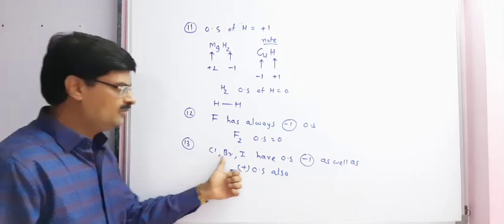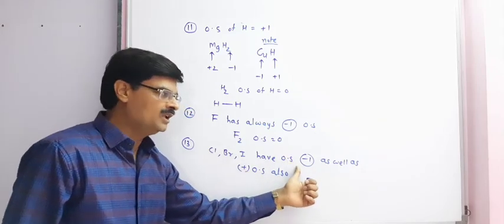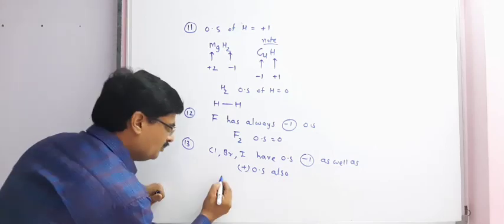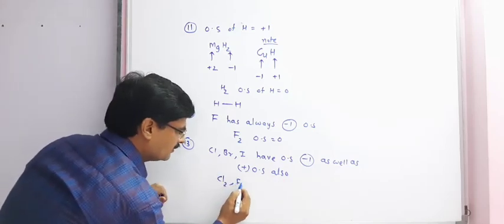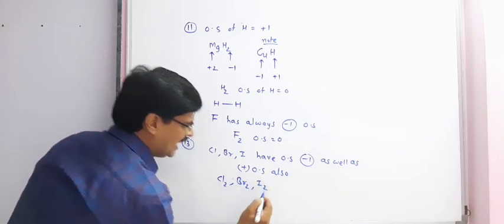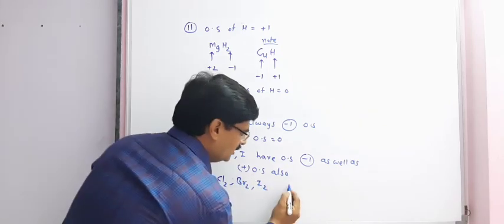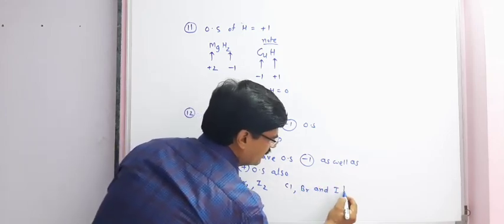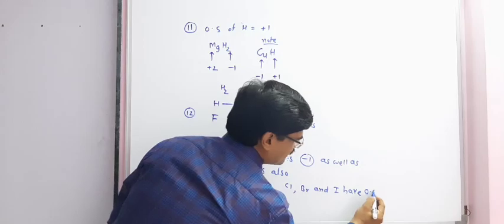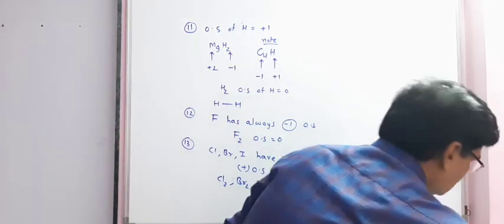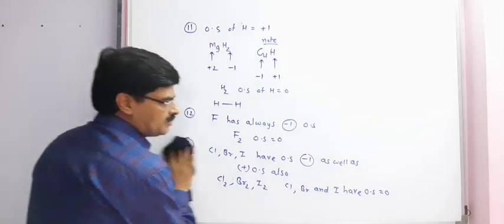But for Cl2, Br2 and I2 molecules, chlorine, bromine and iodine have oxidation state 0. Next point.